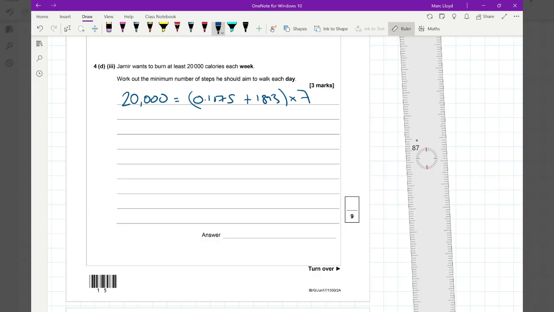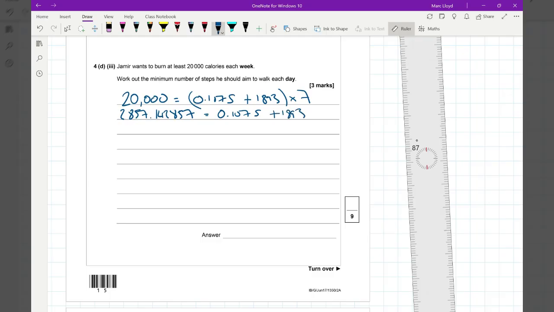So we have to divide both sides by 7, 2857.142857. And the reason why I'm going to divide that by 7 is because he wants to burn 20,000 per week, and if we divide that by 7, we'll get to how many calories he wants to burn per day, which is what our equation is for. That's for a daily calorie burn.